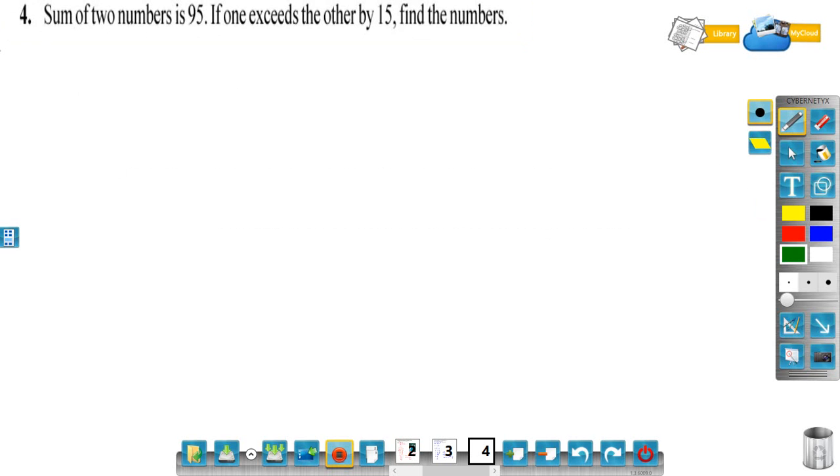We don't know. So let the numbers be x and y, since we want two numbers. We don't know what the numbers are, so let us take the numbers as x and y.